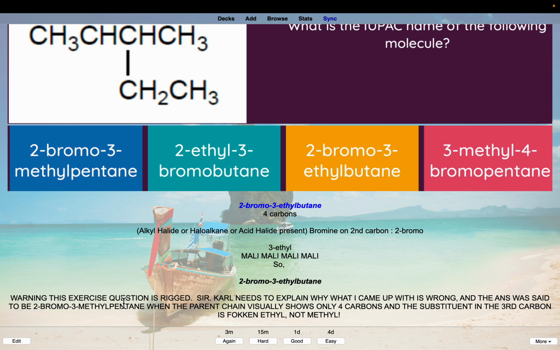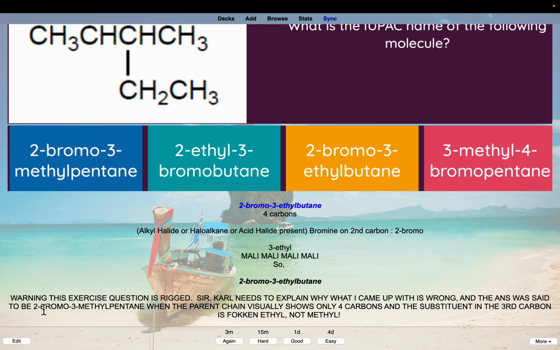Warning, this exercise question is rigged. Sir Carl, this is the name of my teacher. Please explain why I came up with this. Okay, so the answer said it was to be 2-bromo 3-methyl pentane, when the parent chain visually shows only 4 carbons. Yeah, what I wrote here has a point.